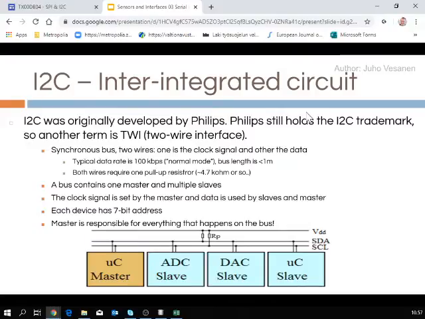But anyway, again, the master is the master, so it's responsible for everything that happens on the bus. It makes the address followed by a command, and then these devices should reply accordingly.